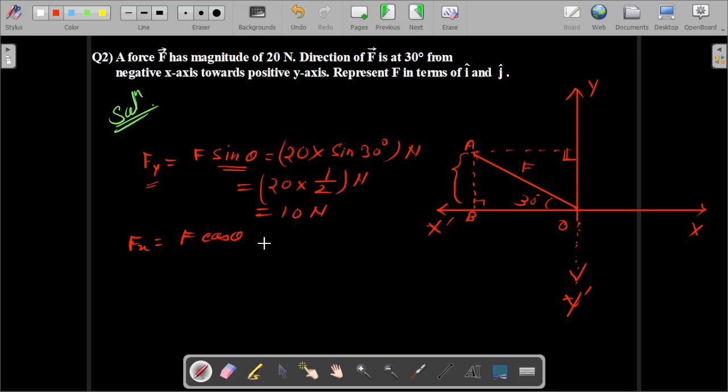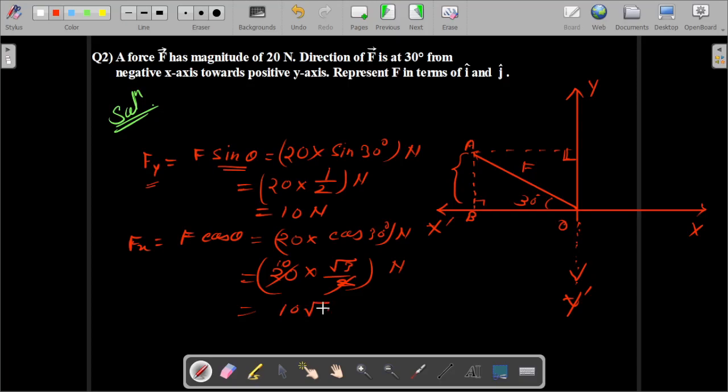And this will be 20 into cos 30 degrees, 20 into root 3 by 2, then 10 root 3 Newton. So, let's represent F in terms of i and j.